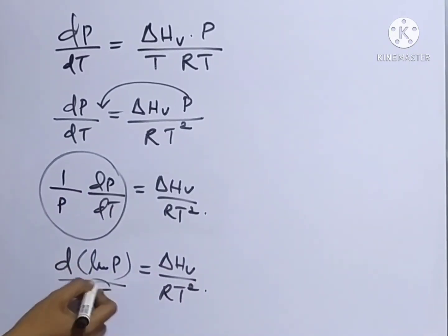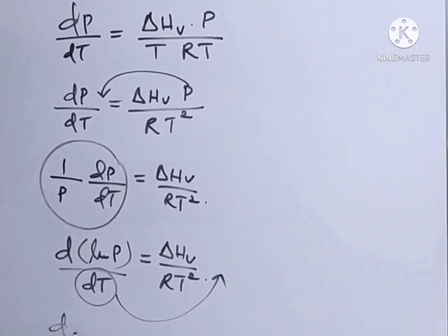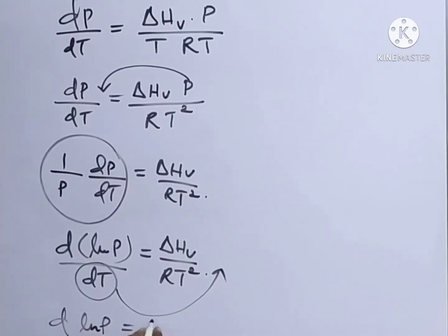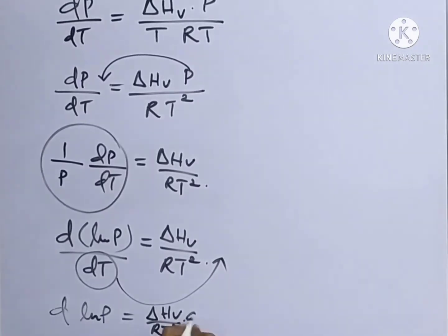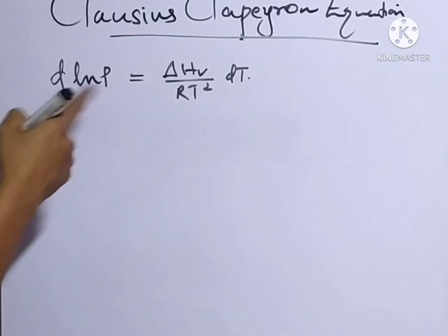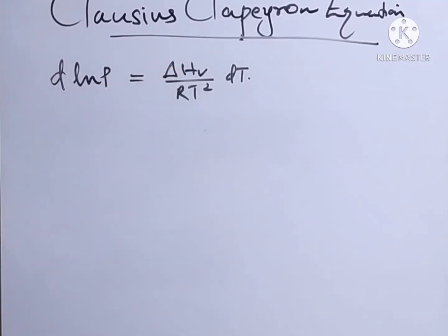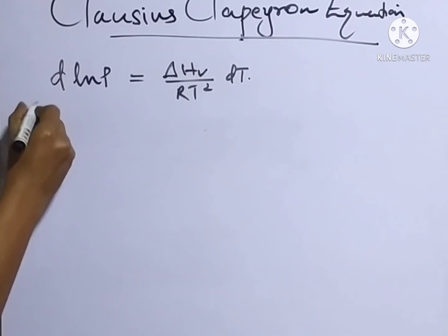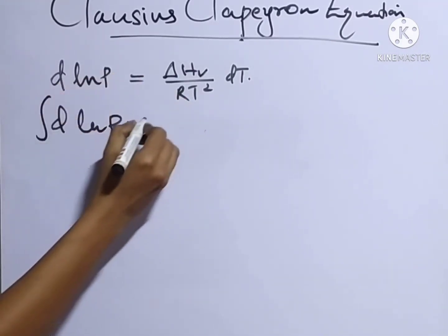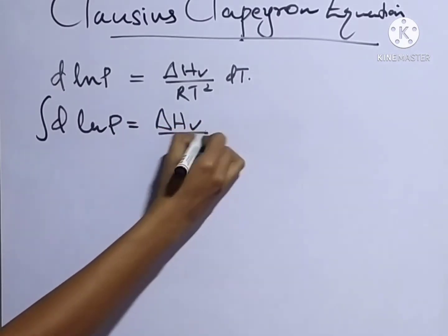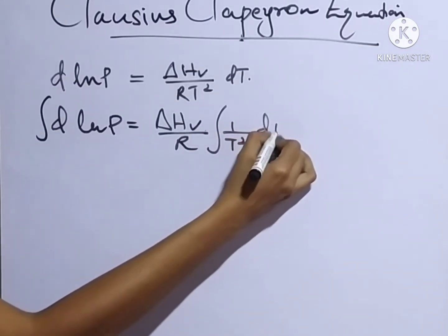So now I am going to bring the dT term to the right-hand side, and I'll get d ln P = ΔHv / RT² dT. Now we are going to integrate this equation. For the integral of d ln P, we can take the constant term out, that is ΔHv / R, times the integral of 1/T² dT.